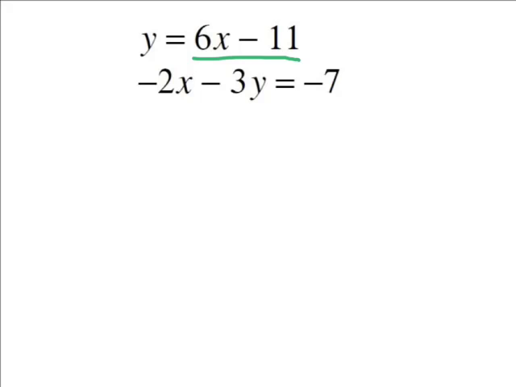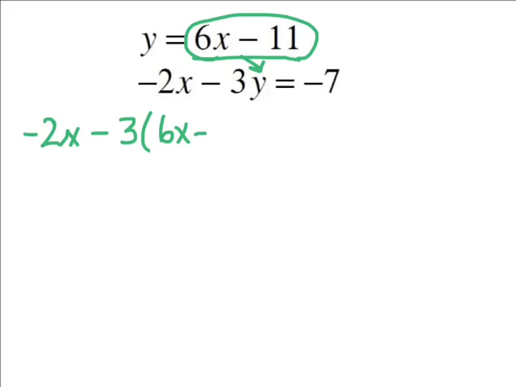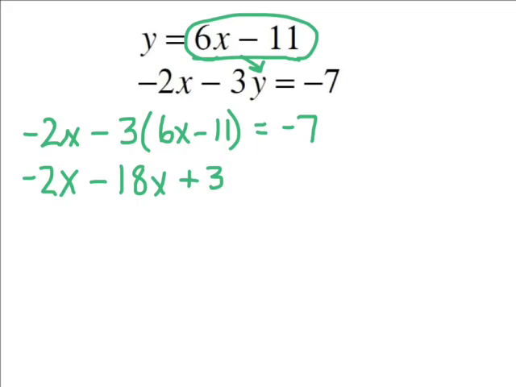We're going to take this information and plug it in to y. Alright, first thing we got to do is distribute. Negative 3 times 6 is negative 18x. Negative 3 times negative 11 is positive 33. Alright, now we get to do our solving.